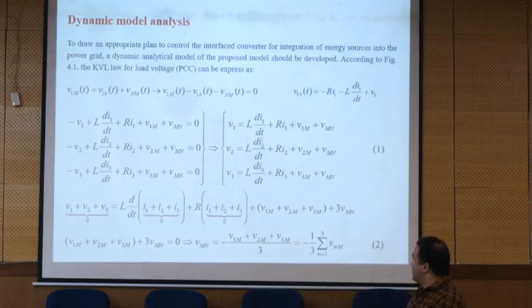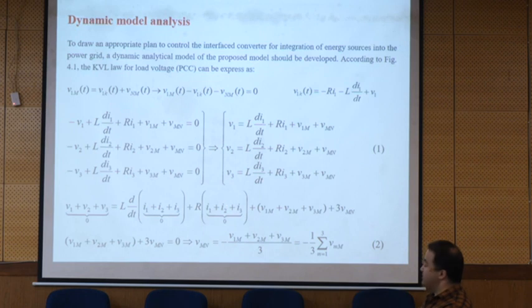So now we have a three-phase balanced system. V1 plus V2 plus V3 is equal to 0. L d/dt of I1 plus I2 plus I3 is equal to 0. R times I1 plus I2 plus I3 is equal to 0. Plus V1m, V2m, V3m plus 3 Vmn.